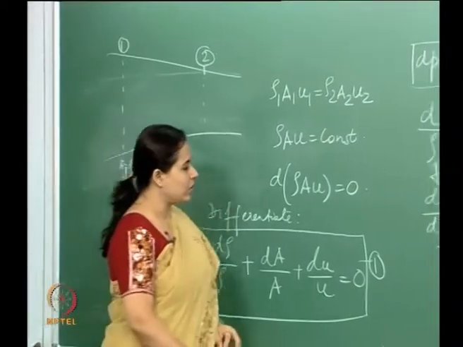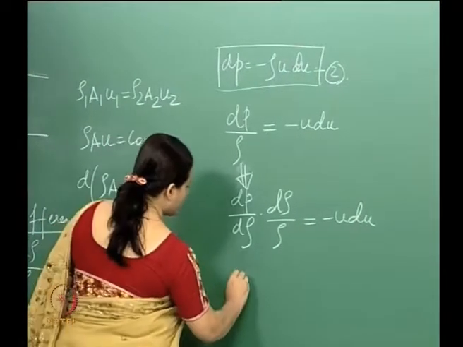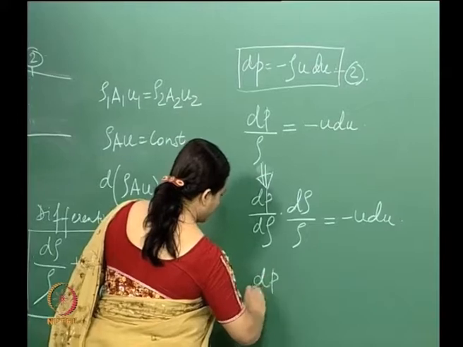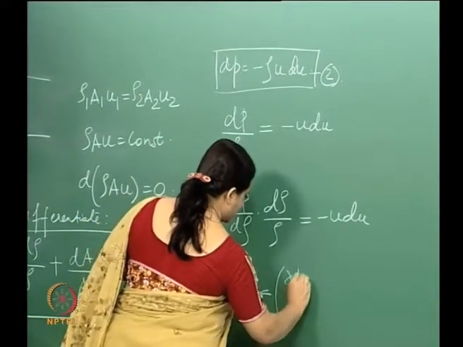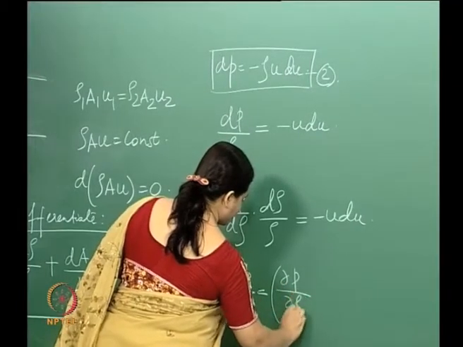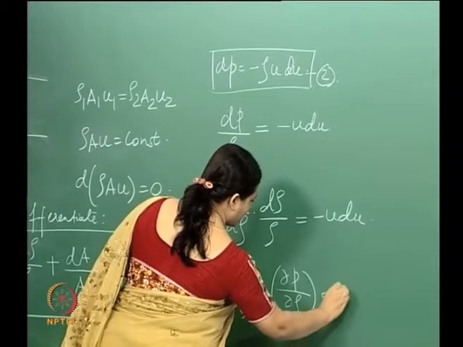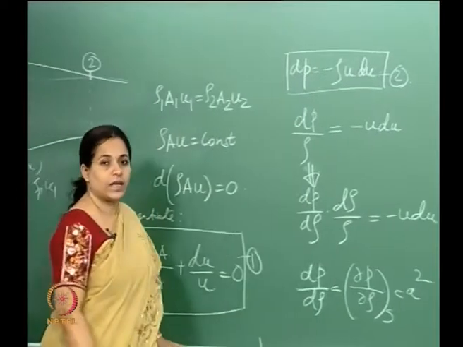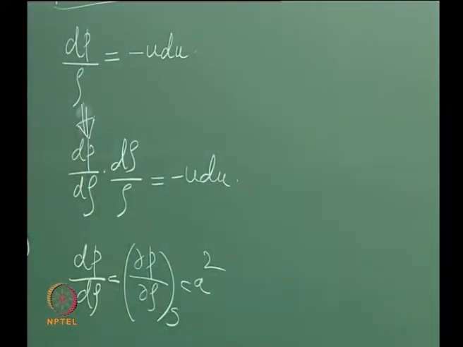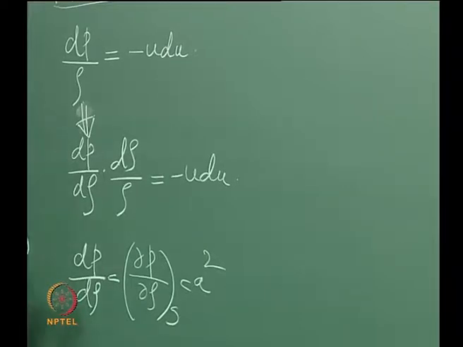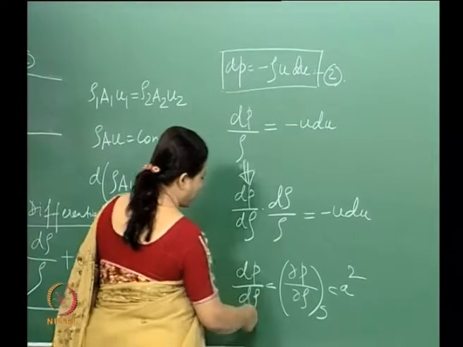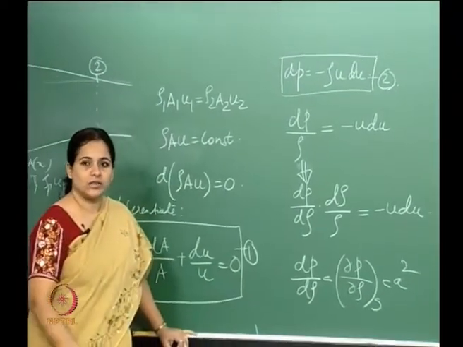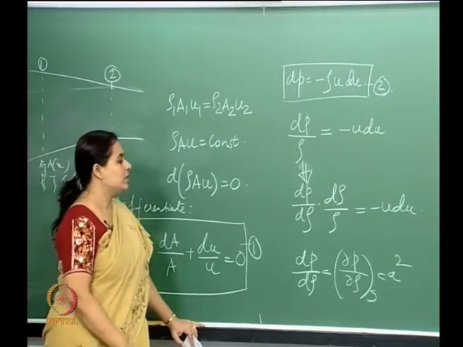Now if you remember, dp by d rho equals a squared, where a is the speed of sound. This is something that we've done before. So the velocity of sound is related to dp by d rho, the change in pressure with the corresponding change in density, right. We've done this before.